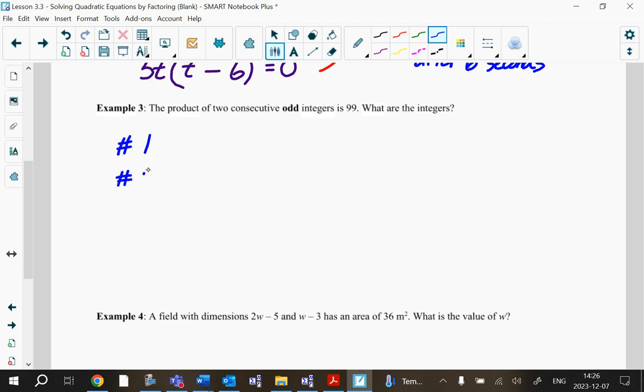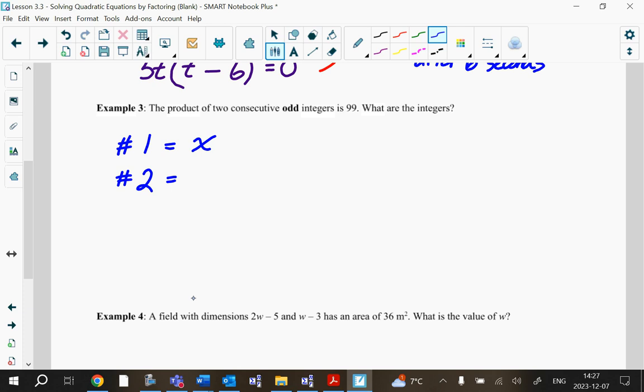So when we create an equation, just like when we were creating functions in max-min problems, we call one of our unknowns x. In this case, we'll just call the first unknown number x. We don't know what it is. We also don't know what the second number is, but we know that it's the next consecutive odd number after x. So what would be an expression for number 2?